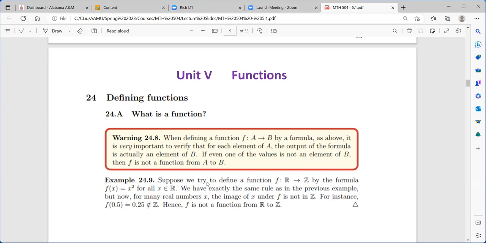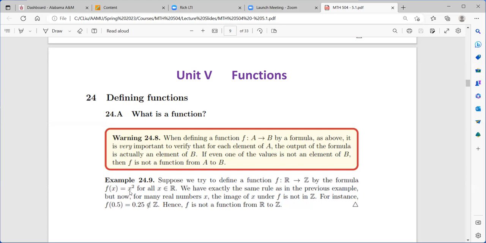It is not. The reason is that the domain of the function is all real numbers, so you can plug in any real number, but the codomain is just the integers.